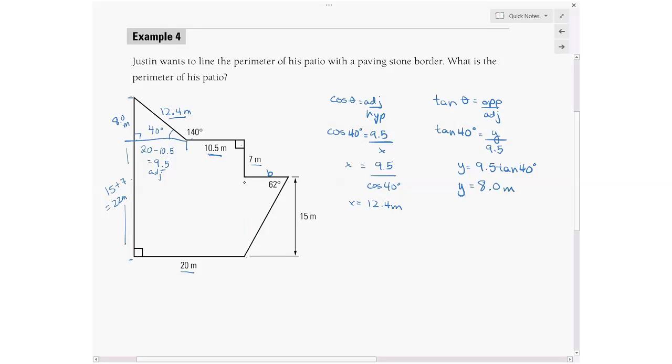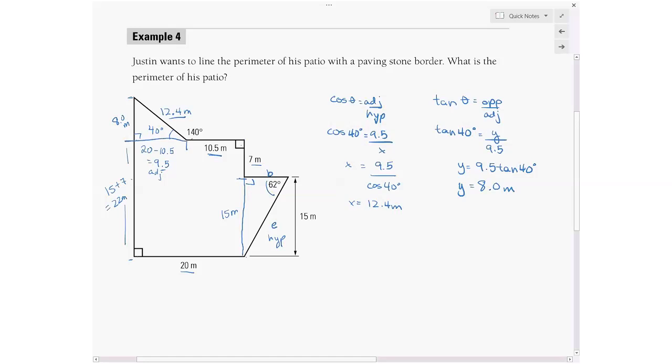I need this, which is E. Okay, so for B, now let's look at this triangle. Here's my right angle. This is the hypotenuse. This is my angle, and you're like, well, I don't have any of these sides, but I do. I have this side because it's the same as this. This is 15 meters from here to here.